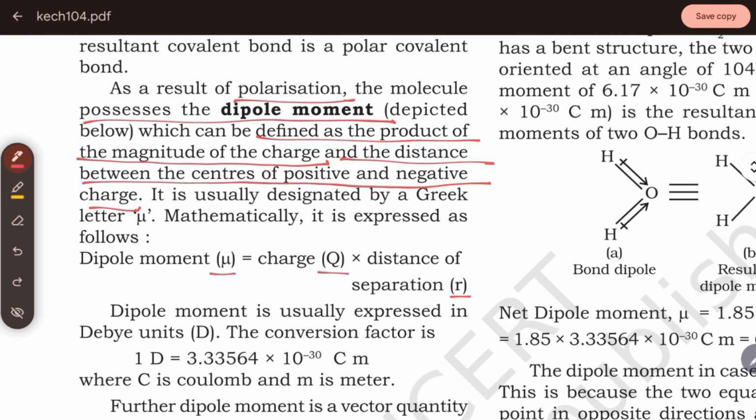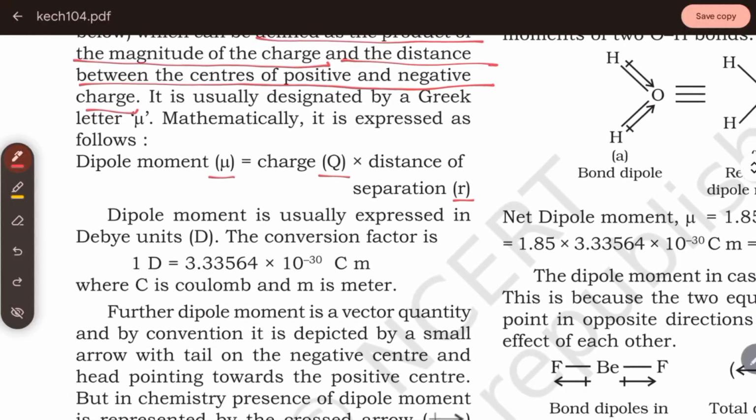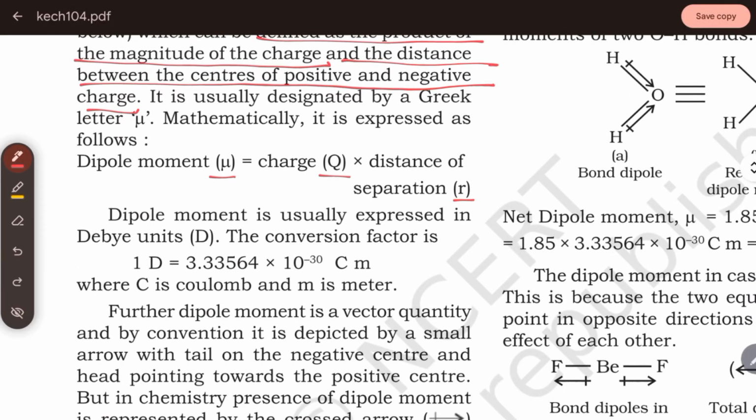Mathematically, dipole moment is given as Q into R, the product of charge and the distance between the charges. Its unit is the debye, and the conversion factor is 1 debye equals 3.33564 into 10 to the power of minus 30 coulomb meter.